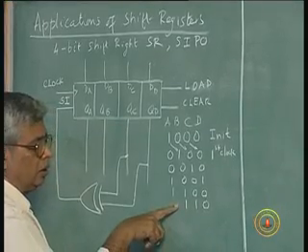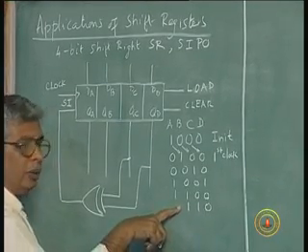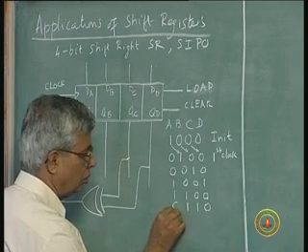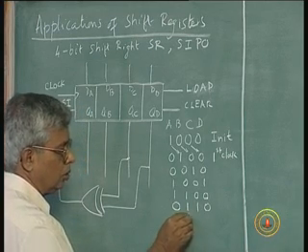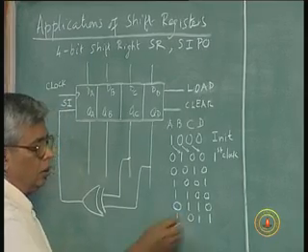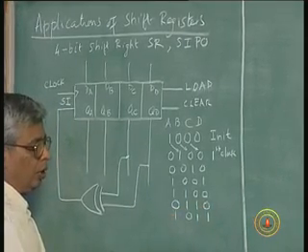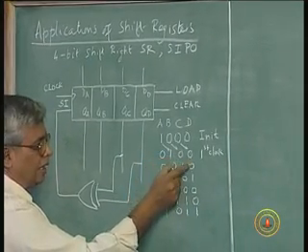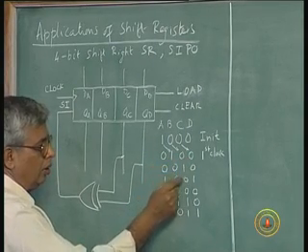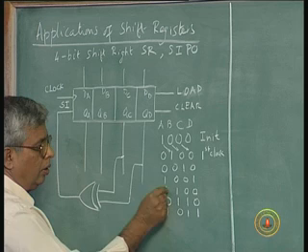What will be the new bit? 0. Exclusive OR these two. All you have to do is shift these 3 bits here and get the exclusive OR of this here.